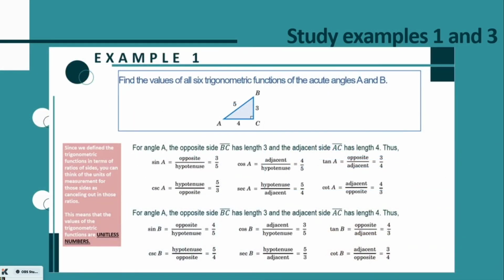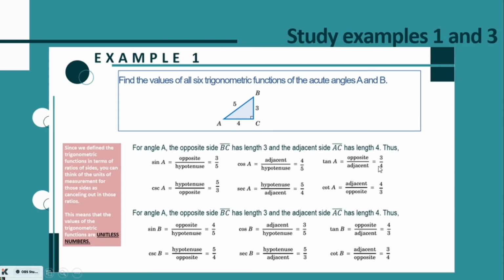So for our example 1, sine A is equal to cosine B. They are both equal to 3 over 5, because A and B here are complementary acute angles. Cosine A is equal to the sine of B, which is 4 over 5.